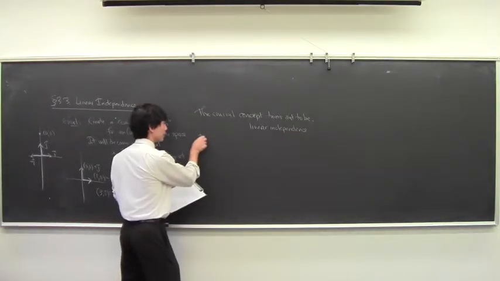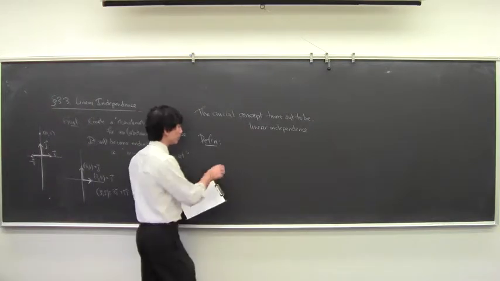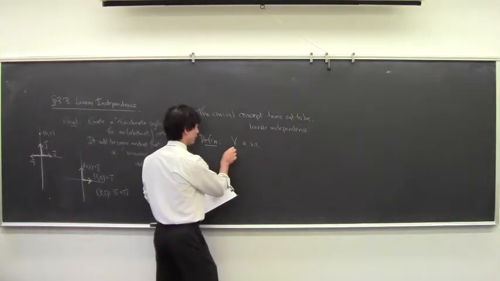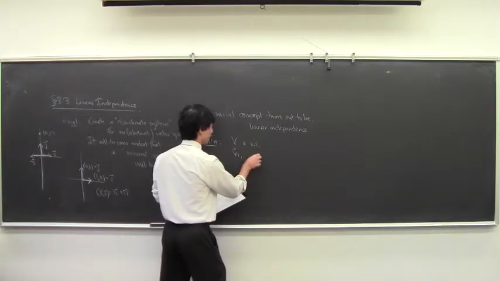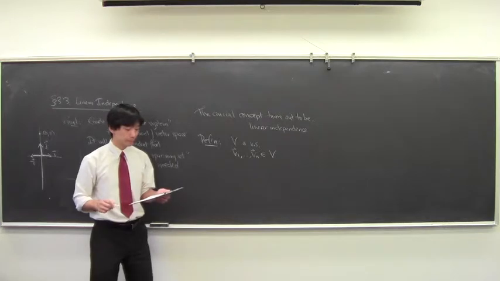And here's the definition, and it will seem a little bit peculiar. So you have V, a vector space, and you have some vectors, V1 through Vn, in this vector space. Okay?